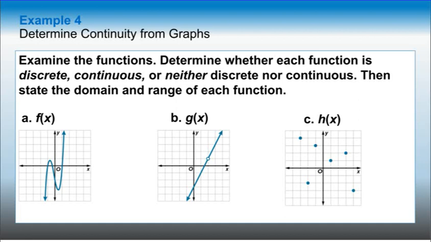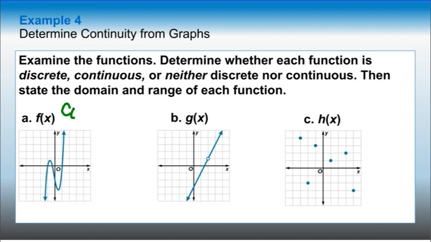So we're going to take a look at some examples here. We're going to look at the graph and then determine whether each function is discrete, continuous, or neither. And then we're going to state the domain or range of the function. So for letter A, we can see that the line is a continuous line because there's no gaps, no jumps. It's just one continuous flow.